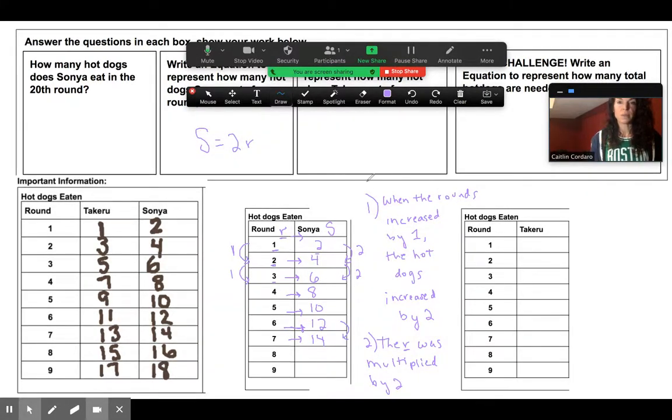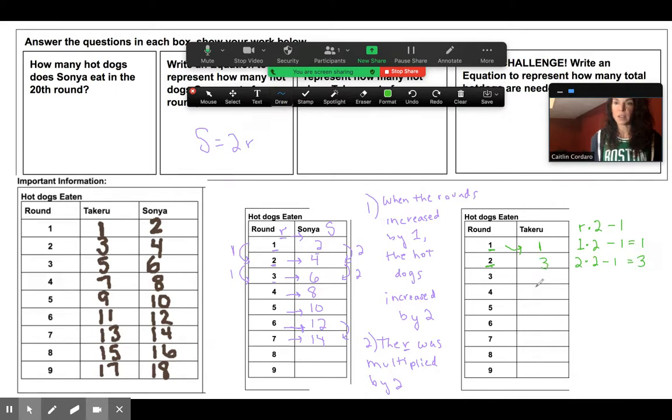Just one more example for Takuro. What happens to the X to get the Y? What happened to the R to get Takuro's number? We took the rounds, we multiplied it by 2, and then we subtracted 1 every time. So the round was 1, you multiply it by 2, that's 2, minus 1 equaled 1. That's how many he ate in round 1. We took the round, 2, multiplied it by 2, that's 4, minus 1 equaled 3.